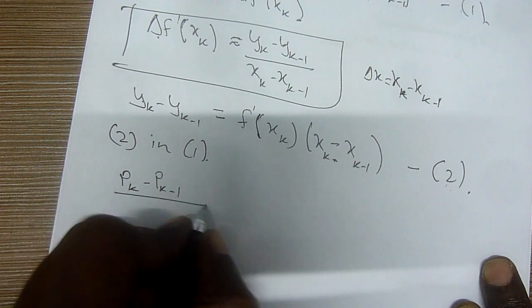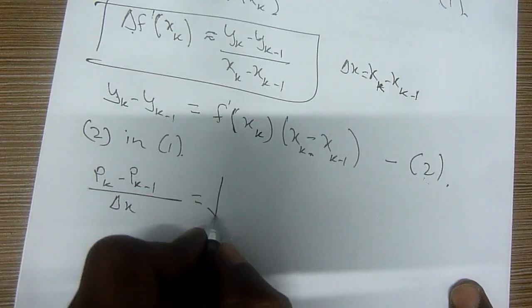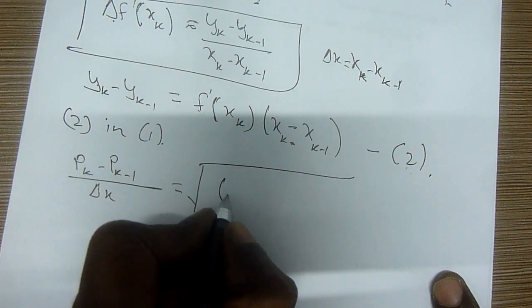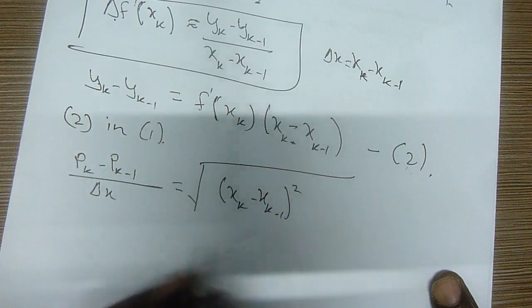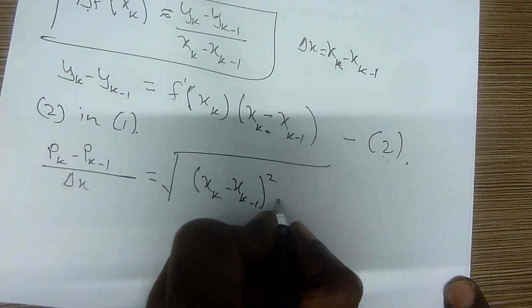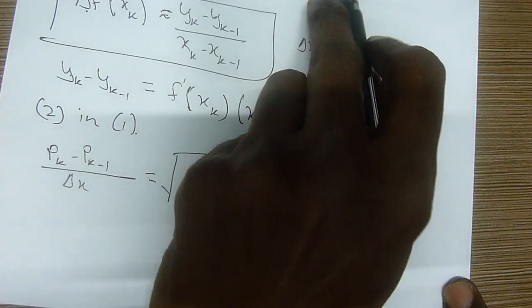Therefore, substituting 2 in 1 we get pk minus 1, divided by the del x, xk minus 1 squared, plus this one, which is a power 2, right?